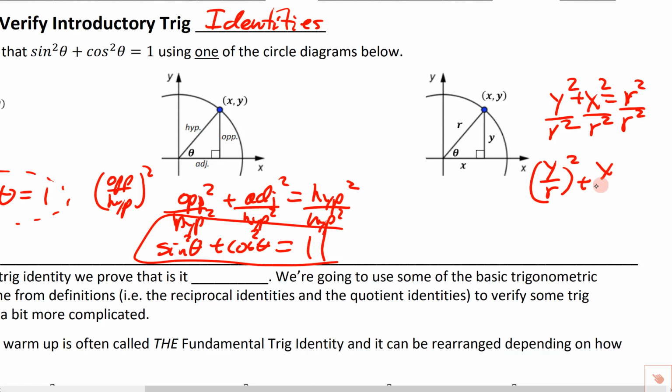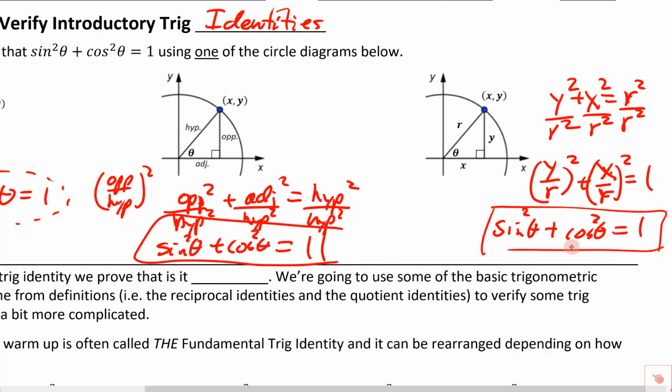So this would be x over r, quantity squared, and this is r squared over r squared, so this is a 1. The y coordinate over the radius is another way of saying opposite over hypotenuse, so this is the sine of theta squared, plus the x coordinate over the radius is another way of saying the cosine of theta, so that's the cosine squared of theta, and that equals 1.